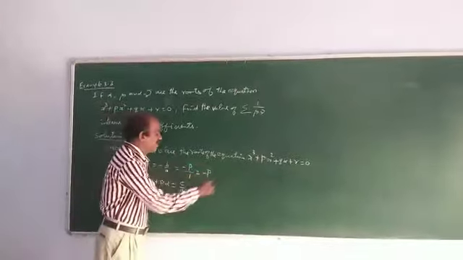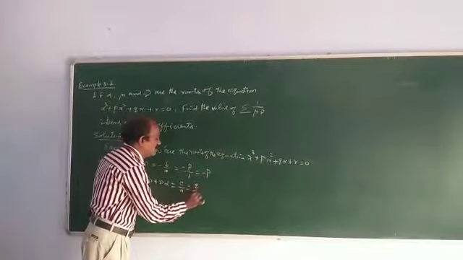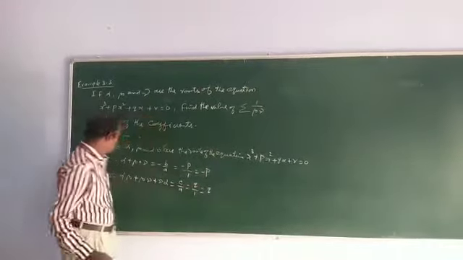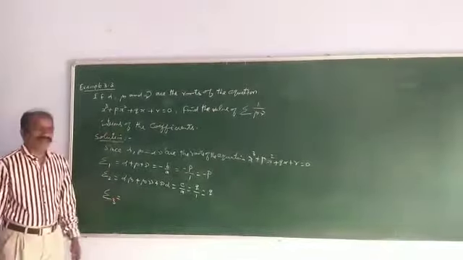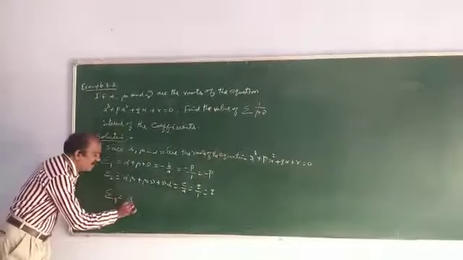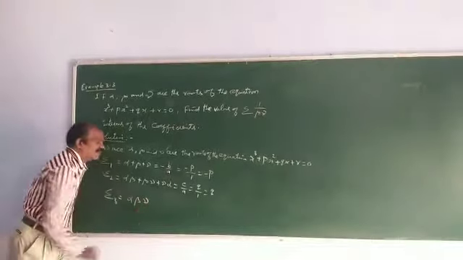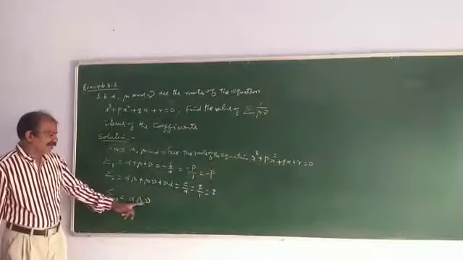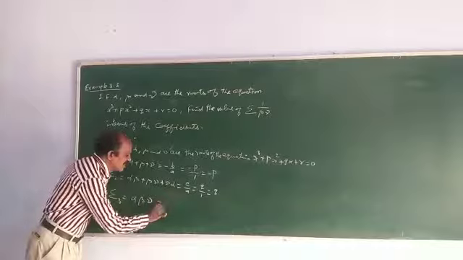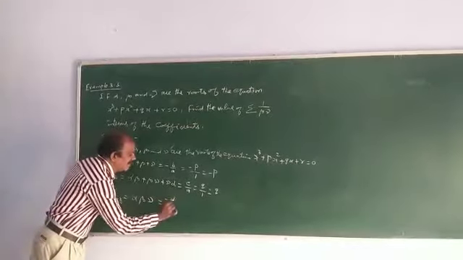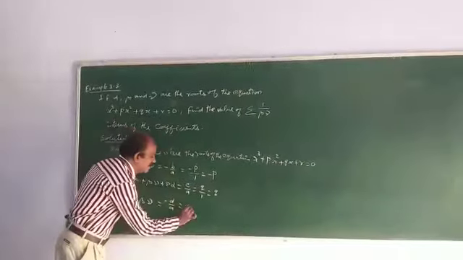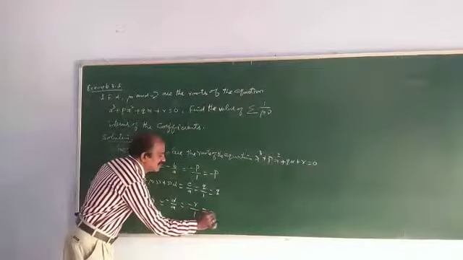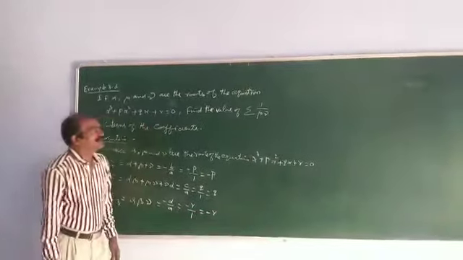The value of c is q by 1, that is q. Then sigma 3, product of three roots, alpha beta gamma, is equal to minus d by a. The value of d is r, so minus r by 1, that is equal to minus r.